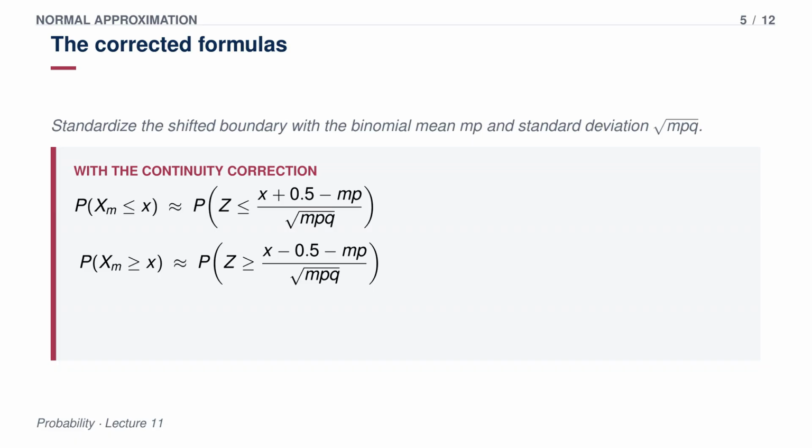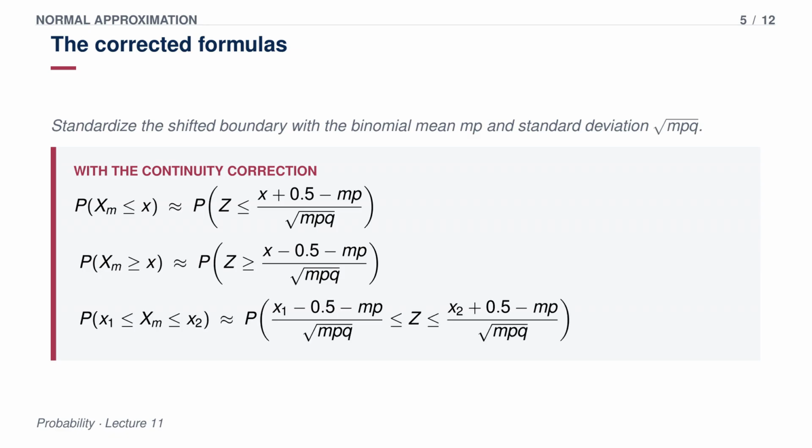Second, at least x, a right area. Now you're including the bar at x from the other side, so the boundary goes down to x minus 1/2. And third, between x1 and x2, you widen on both ends, down by 0.5 on the low end, up by 0.5 on the high end.